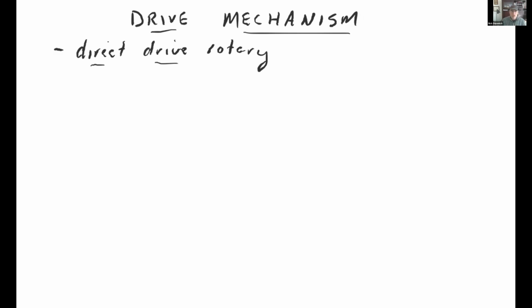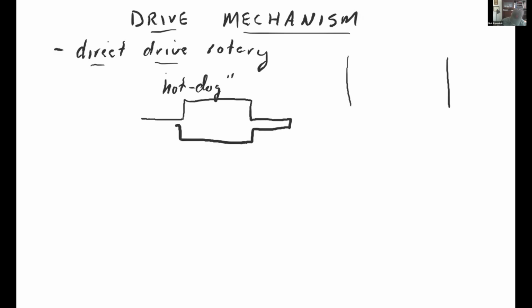There are direct drive motors that are much larger. Essentially, I'll kind of draw it. Instead of hot dog style motors, which is what you have, and the hot dog style motor is where the rotor looks something like this, long and skinny.